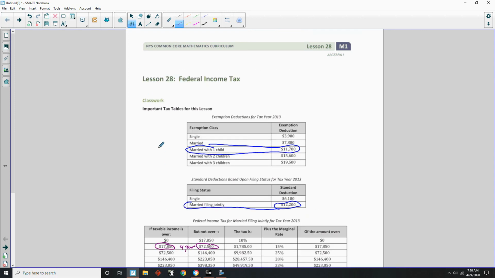$45,000 is in between here. So the tax is 17,850 plus a marginal rate of 15% of the amount over. Okay, so let's take a look.